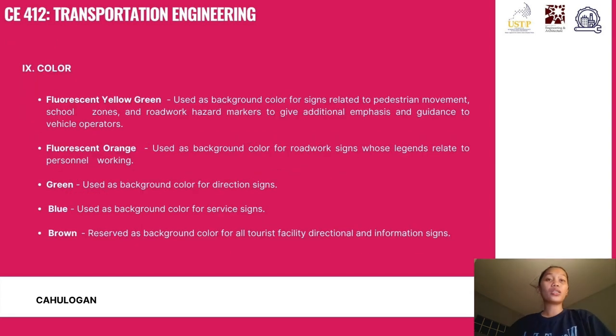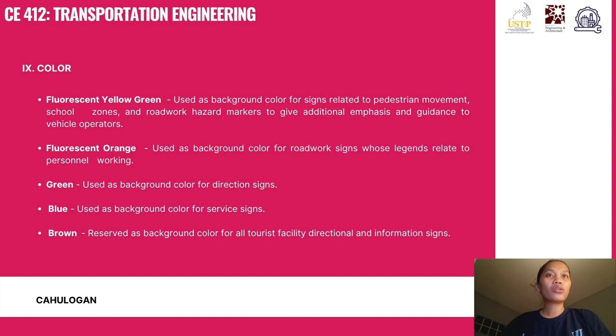Next, we have fluorescent yellow-green, which is usually used as a background color for signs related to pedestrians, school zones, and road work hazard markers to give additional emphasis and guidance to vehicle operators. From the previous slide, I showed you examples of signs under the topic shape.